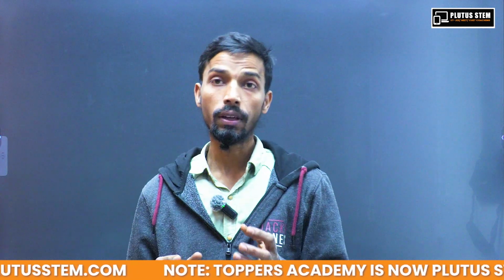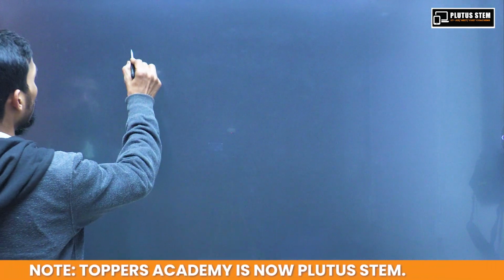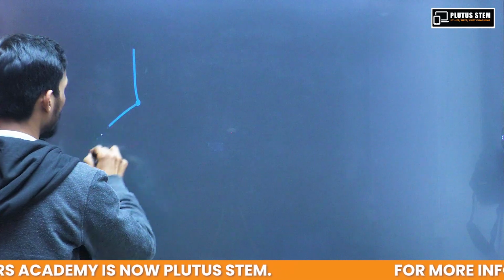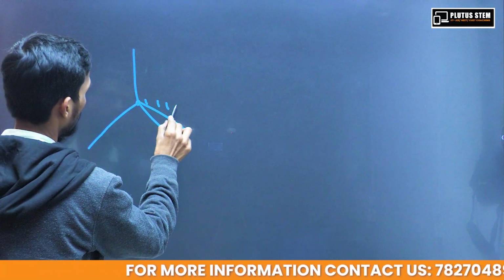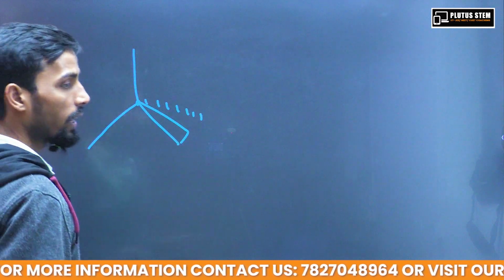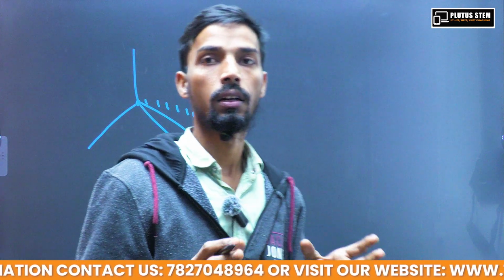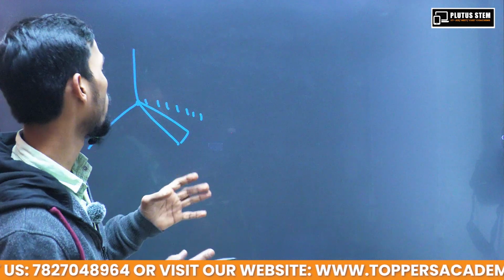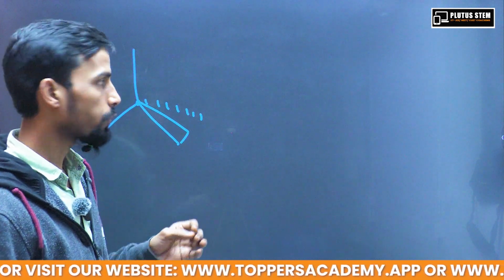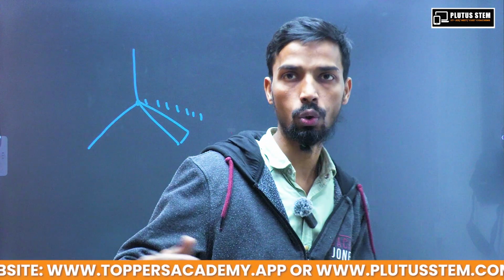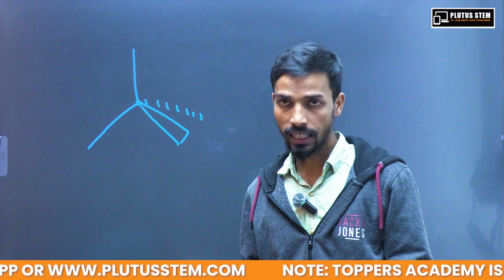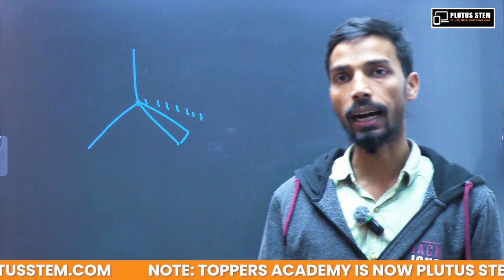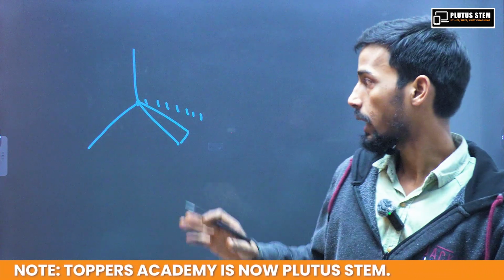What we will do is take a compound like this. We have already studied the chiral center and chiral compound. If you are not aware of this concept, you can go through the videos provided in the link, where we have discussed chiral center and chiral compound in quite some detail.